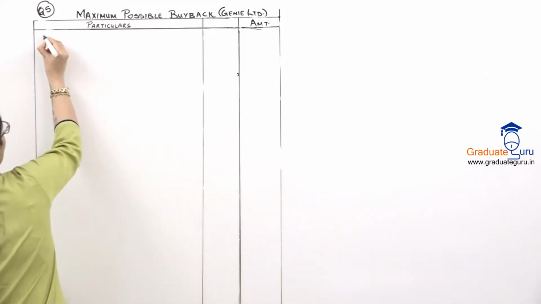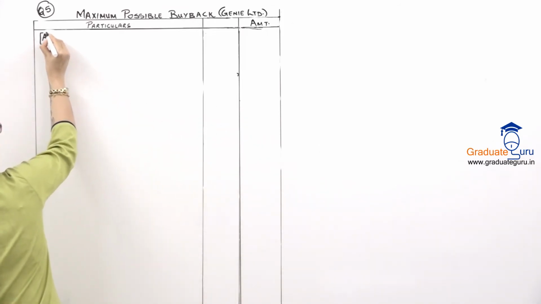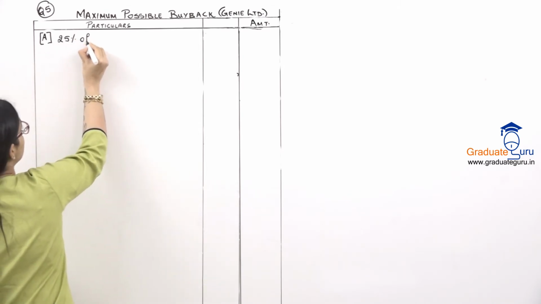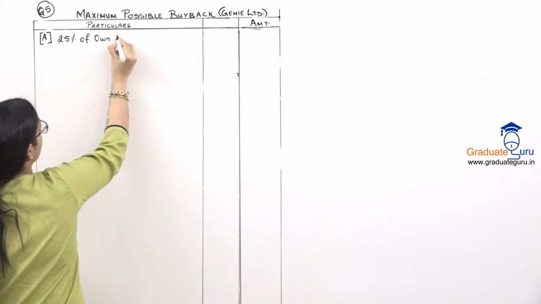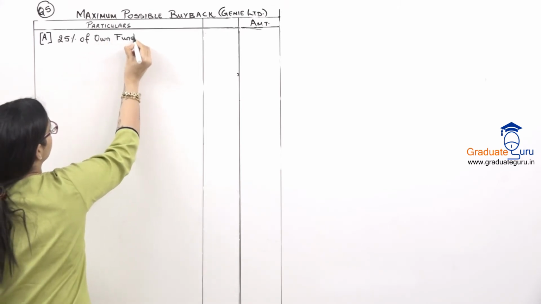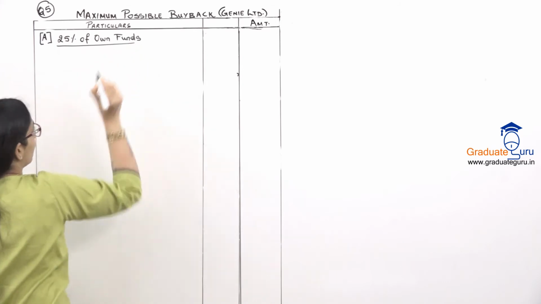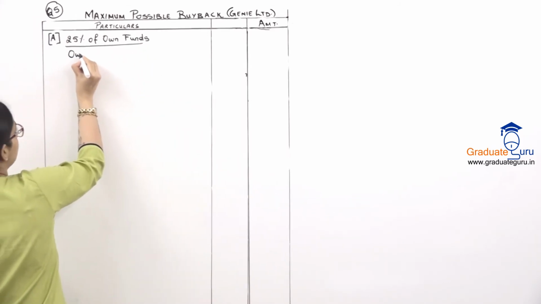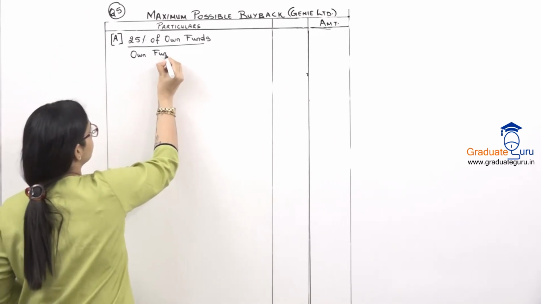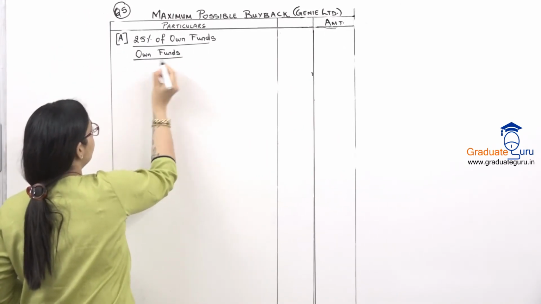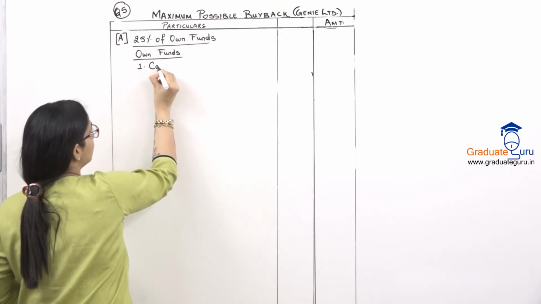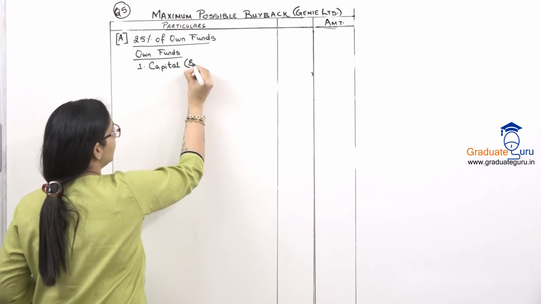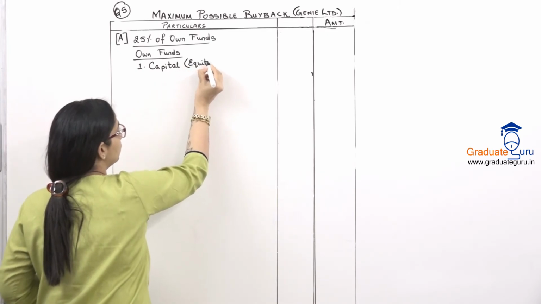So let's start with our format for finding out the maximum possible buyback. So we had our step A, which was 25% of own funds. Correct? Now, first we need to calculate our own funds. So, own funds में पहले है capital. Here there is only one type of capital, equity.